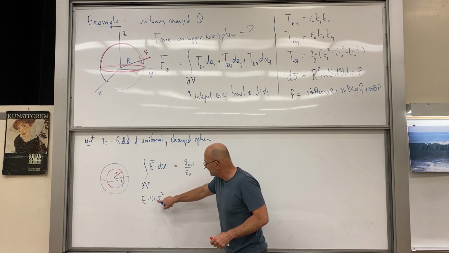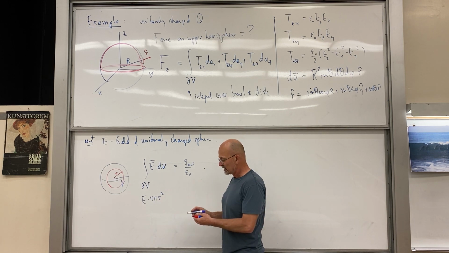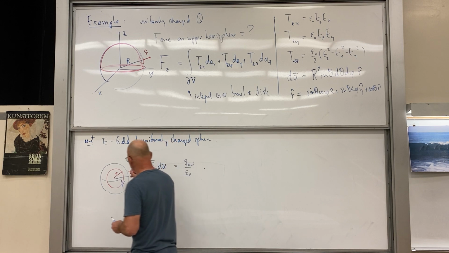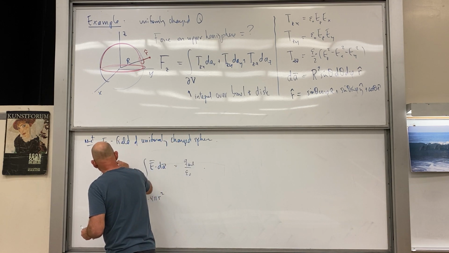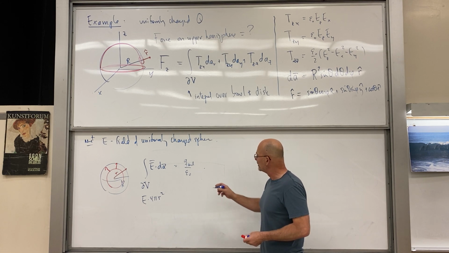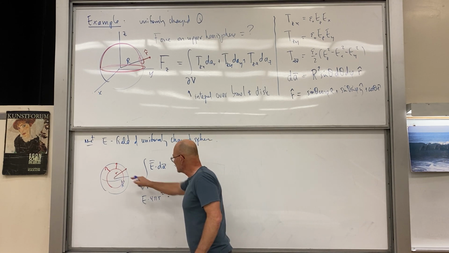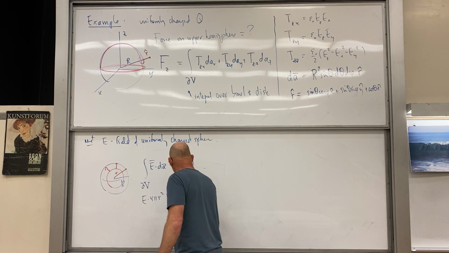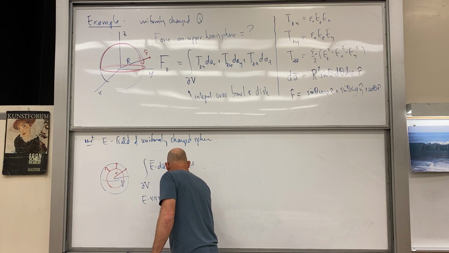So electric field times surface, because of course the field is going to have to be pointing out everywhere by symmetry. The enclosed charge in that red sphere there, that would be the total charge Q divided by (4/3) pi capital R cubed.